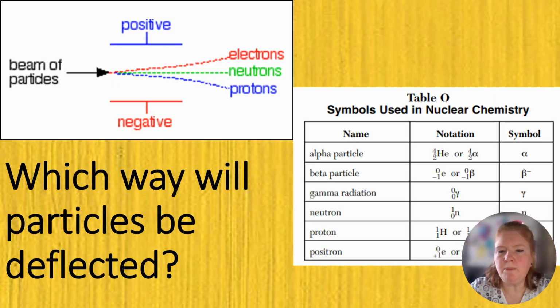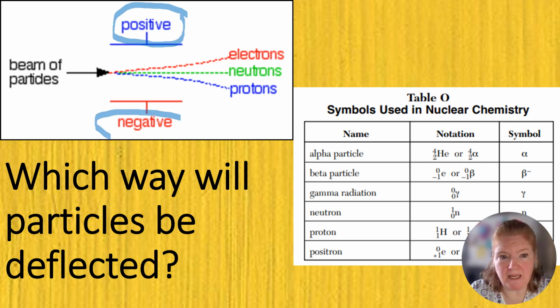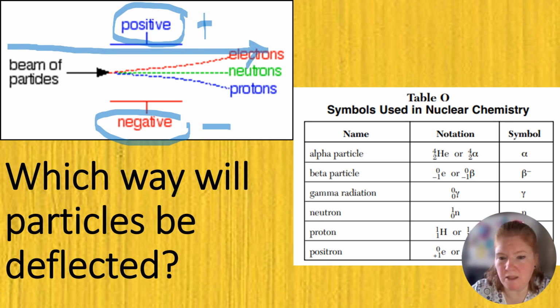So which way will particles be deflected? Okay, so we can deflect particles using either a magnetic or an electrical field. Positive end and negative end. So it doesn't matter if they're asking about a magnetic field or an electrical field. We'll have to have a positive and a negative. And we're going to send a beam of particles like directly through here.